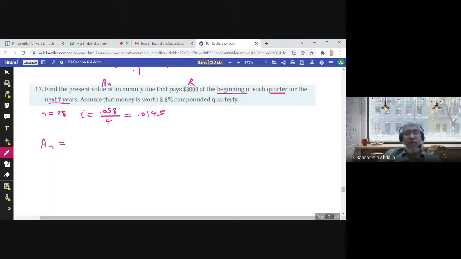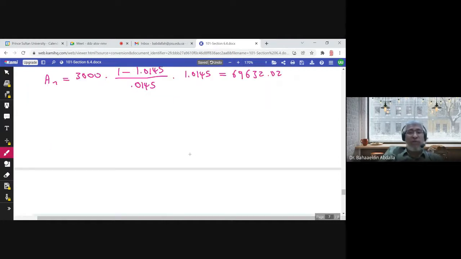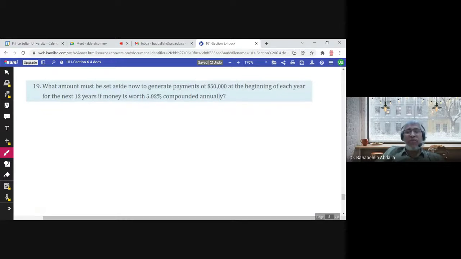So A_n would be R, which is 3,000 times 1 minus 1 plus i to the power negative n over i times 1.0145, which is 1 plus i. And if you use the calculator, the answer would be $69,632.02.